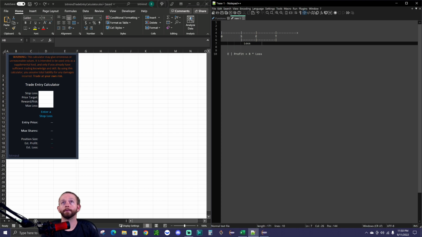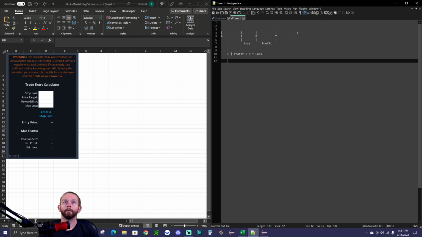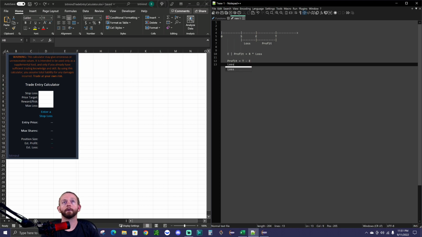And then the difference between our target price and entry price, that would be our potential profit. So we can calculate these mathematically. I know we don't know what E is yet, but we can represent our profit and our loss by saying that our profit is equal to T minus E. The difference between T and E, that's our potential profit. Likewise, our loss is equal to the difference between our entry price and our stop price.